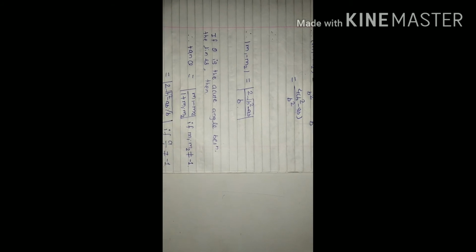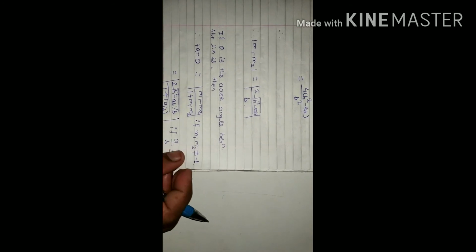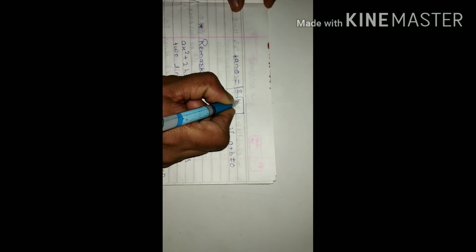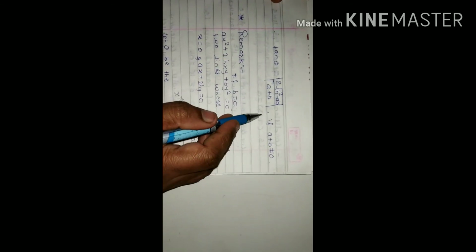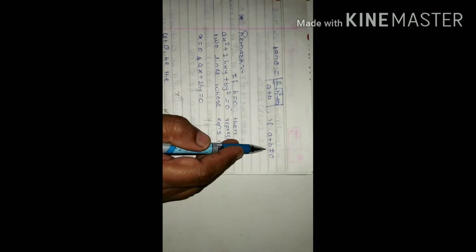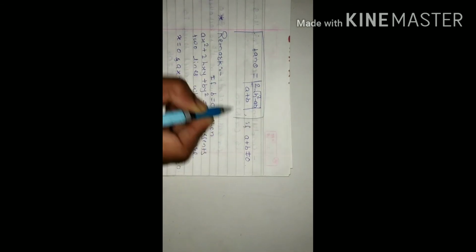Therefore tan theta is equal to the modulus of 2 into under root h square minus ab divided by a plus b, if the denominator a plus b is not equal to 0.